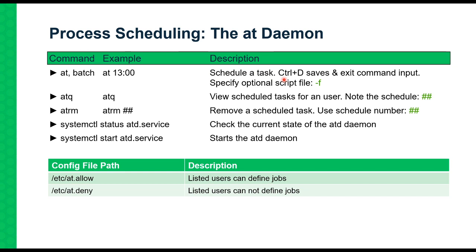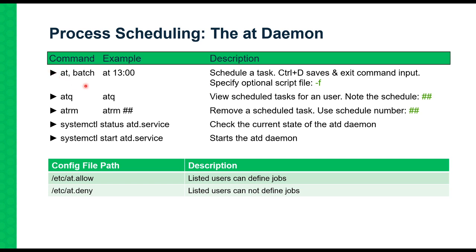And once we are done adding the list of tasks, we can press Ctrl D and it saves and exits your command input. You can also specify an optional script file to run a script file at a specific time with the at daemon.